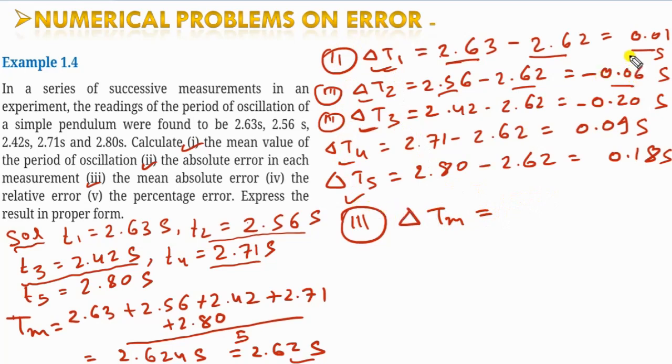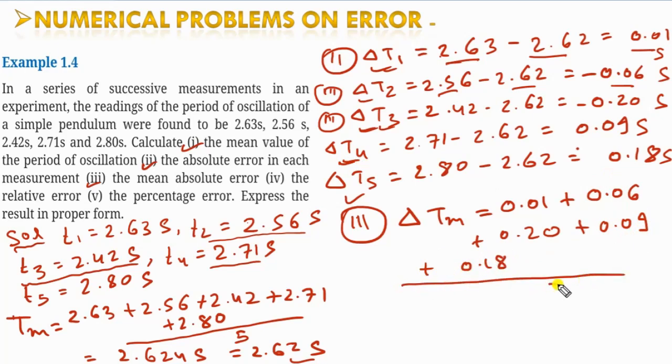The magnitude of the first absolute error is 0.01 second, plus the magnitude of the second absolute error is 0.06 second, because we will ignore the sign. The magnitude of the third absolute error is 0.20. Magnitude means that we are ignoring the sign. The magnitude of the fourth absolute error is 0.09, and the magnitude of the fifth absolute error is 0.18.